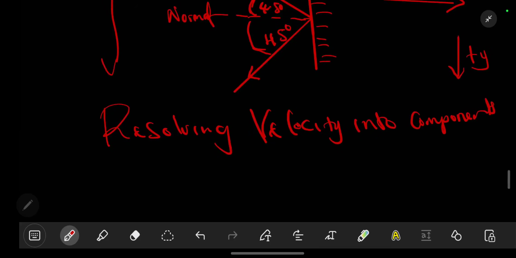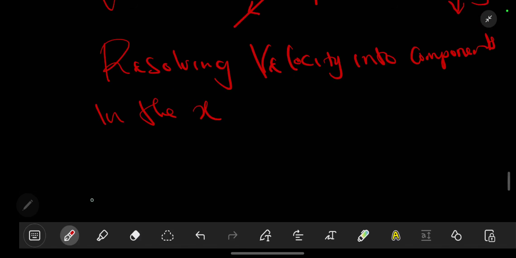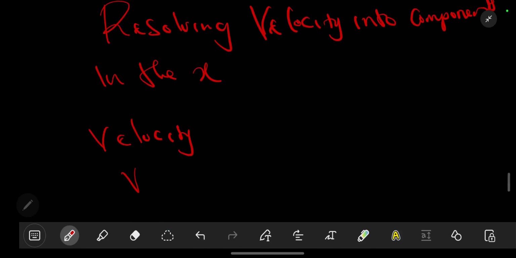So resolving the velocity into its components, what are we going to have? In the x, the initial velocity in the x will be equal to v cos.